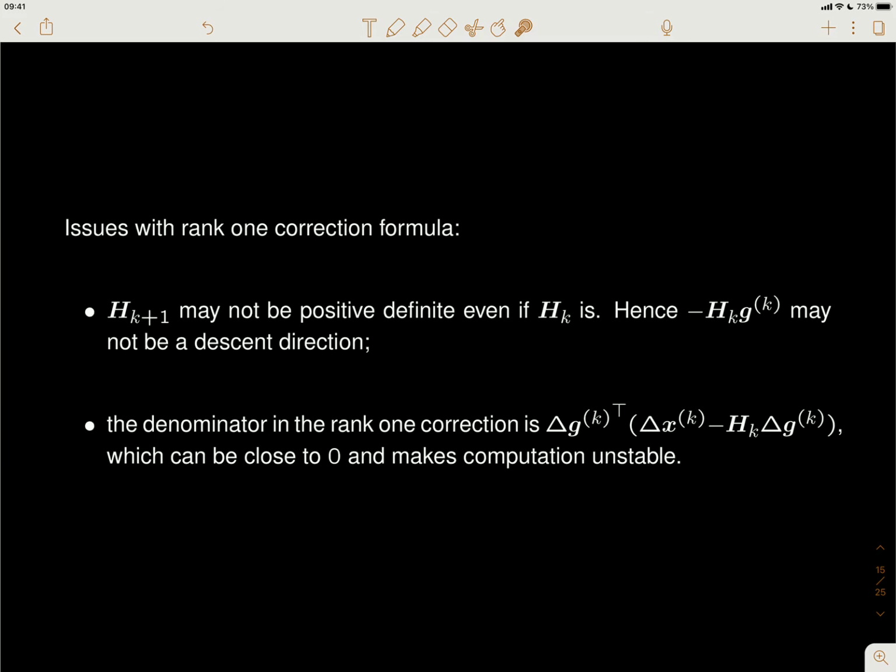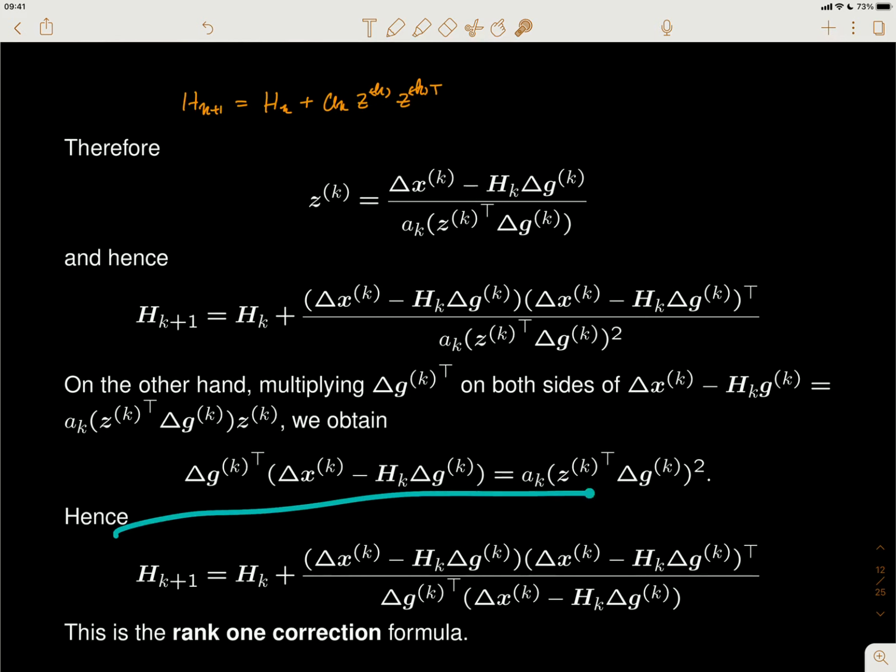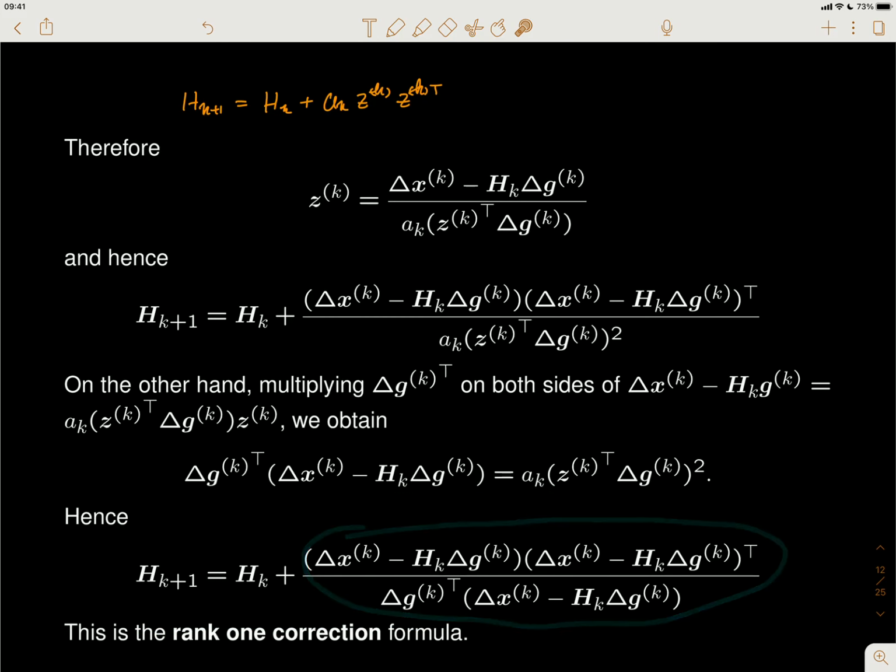The first one is that, recall the update rule for the rank 1 update matrix. The issue with this term is that adding these two matrices together is not necessarily giving us a positive definite matrix.